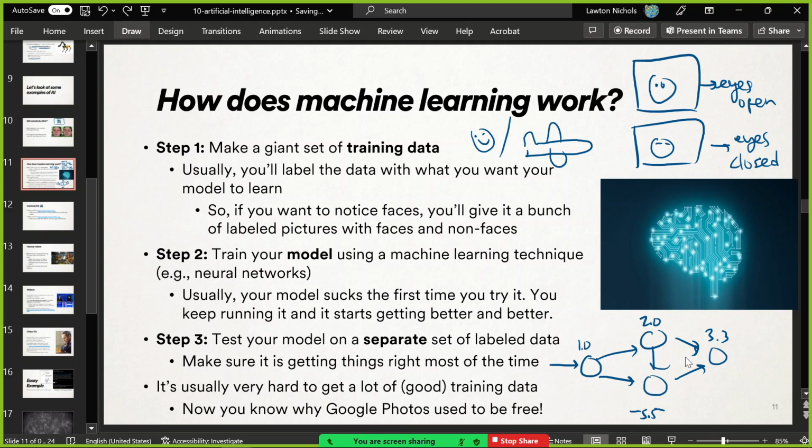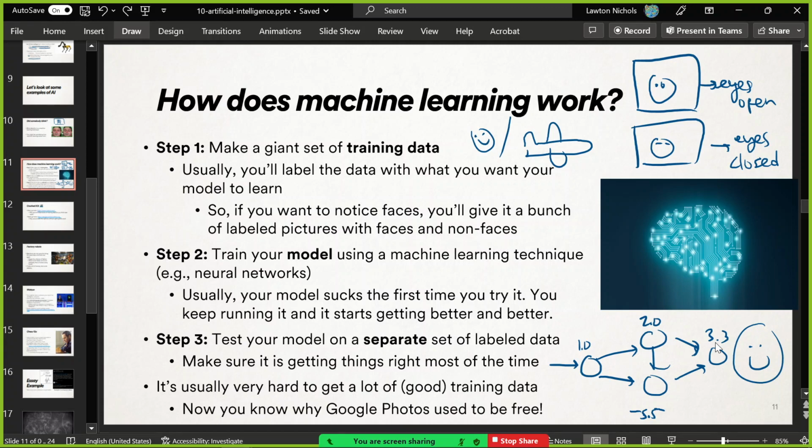So this kind of numerical input and output is what your machine learning model sees, and then this is supposed to be interpreted as a face with the eyes open, everything is fine. Okay, so it's just a bunch of numbers being shuffled along. That's all a neural network is, and there's a bunch of links. Like the original number was 1, and here it's becoming 2, it's becoming negative 5.5 somehow, and so there are weights along the arrows and things like that. But that's machine learning in a nutshell.